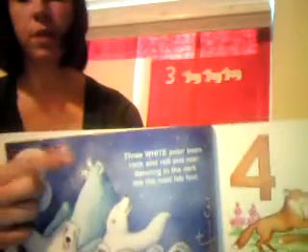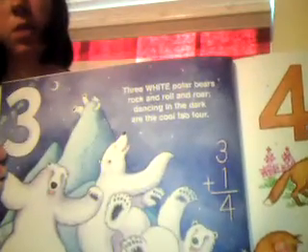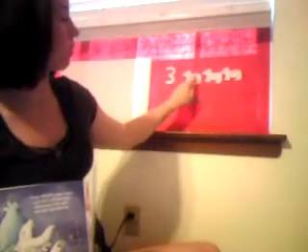Dancing in the dark are the cool fab 4. See number 4 up here? And then we have 3 plus 1 equals 4. So I'll add my fourth piece, and we have 3 plus 1 equals 4.